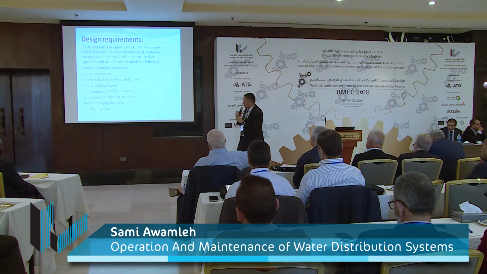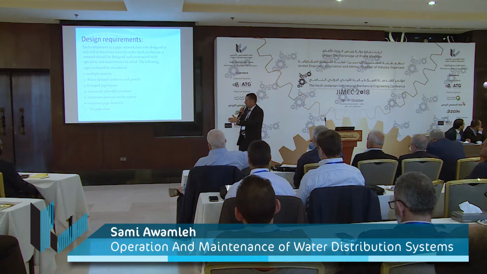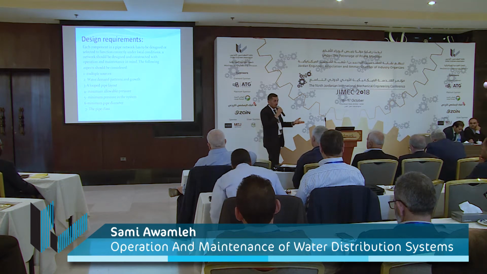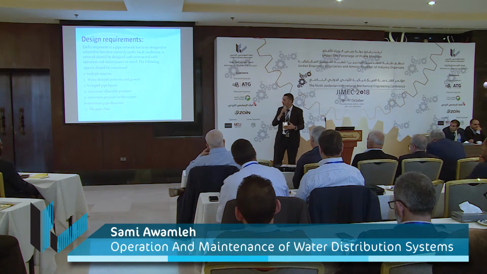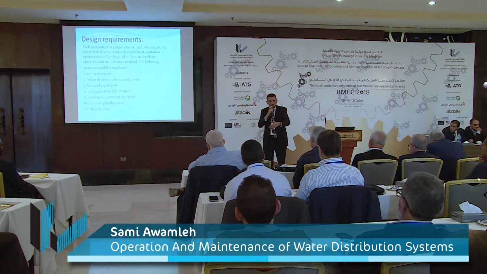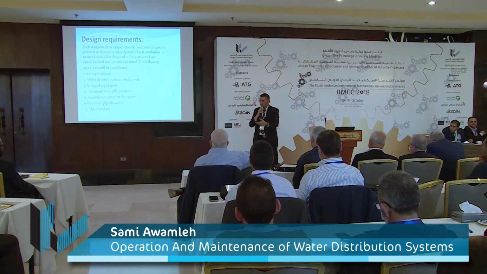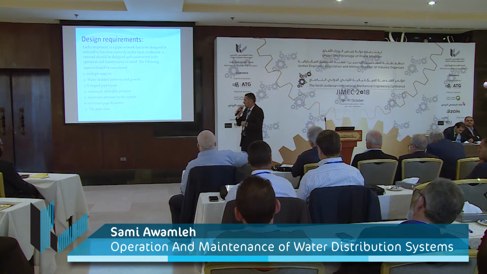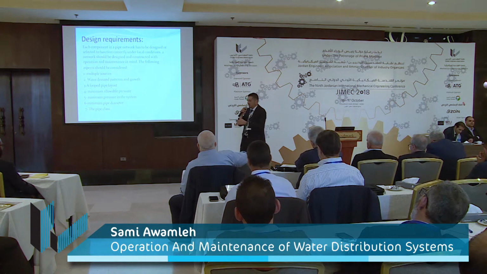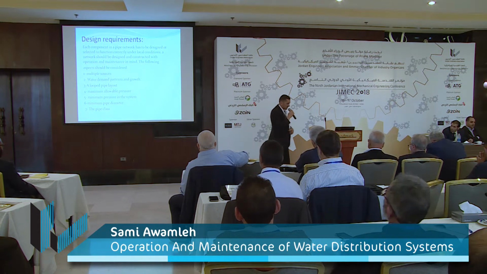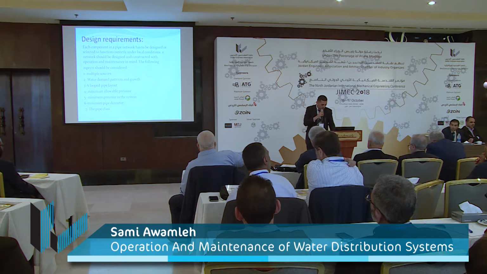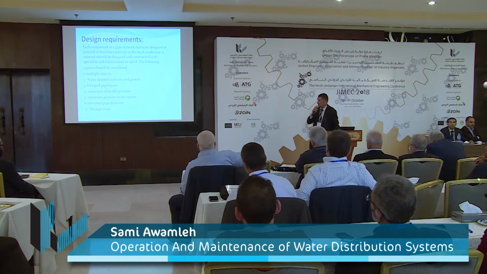Minimum pipe diameter: for example, if there are a lot of people in the area, we should design our network with a larger pipe diameter to compensate for the flow going to that area. The pipe class is related to the pipe strength and what pressure the pipe can handle, the highest pressure.